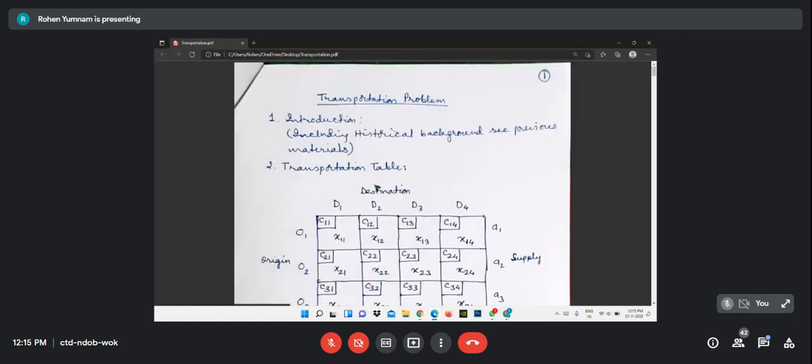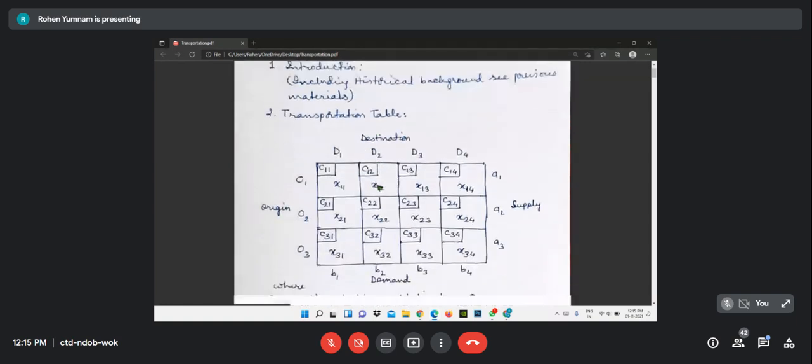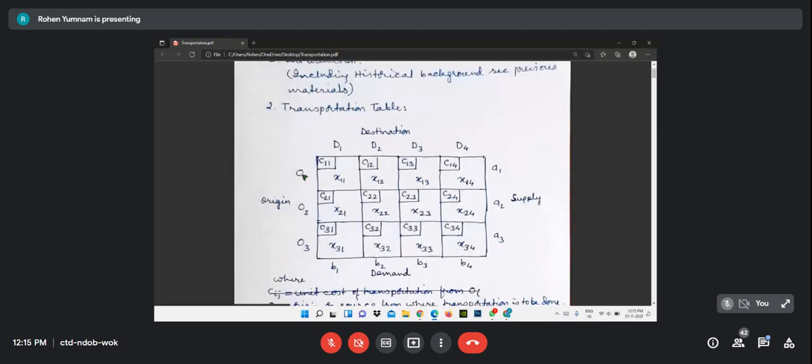Regarding Xij, I will tell you. For O1, the total goods available is A1. Suppose A1 is 10, and how much is to be transported to D1, that is X11. Suppose 2 is transported to D1, then X11 is 2.